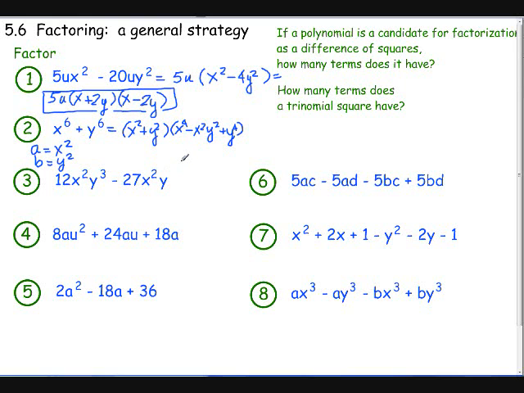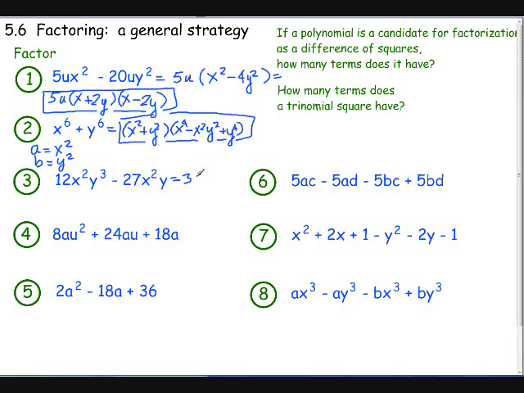Then the question would be, could I take it any further? I think maybe I could. Not with this one, but maybe I could with this. You tell me if I could have taken it any further. This one, I'm going to look for a common monomial I could take out of this. Let's see. 12 and 27. 3, right? So I can factor out a 3.